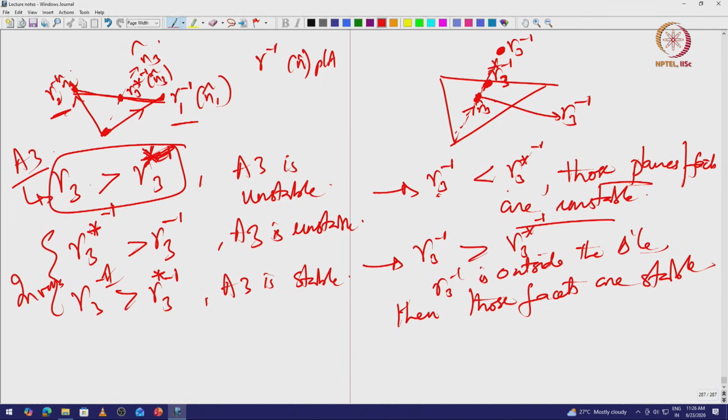So, all gamma 3 and gamma 3 star comparisons happen just along this line, nothing else. That line is defined by N3. Okay. Now, on this line N3, if gamma 3 star lies inside this triangle, then that gamma 3 star is unstable. If gamma 3 inverse lies outside this triangle, then that A3 is a stable plane.